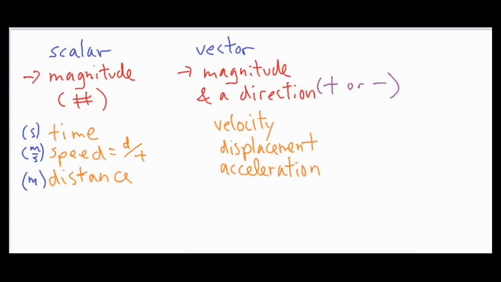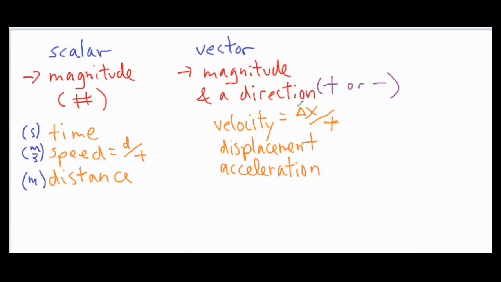Okay, those ones are all more descriptive values, and those can all be positive or negative, which are just going to tell you a little something about its direction. So is it going to the right or is it going to the left? Is it going up or is it going down? Is it speeding up? Is it slowing down? And then the formula for velocity is displacement, which is shown as a delta x, the change in position, over time.